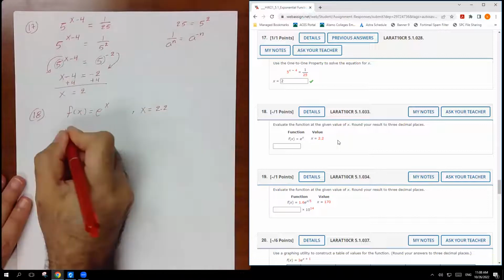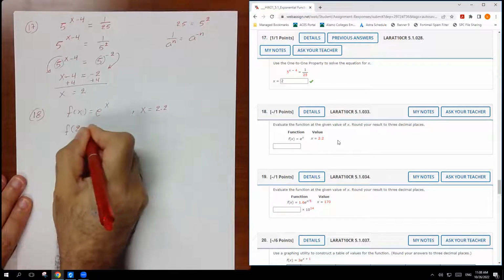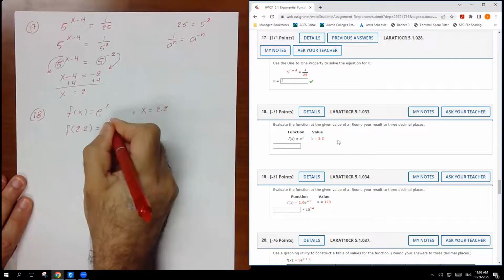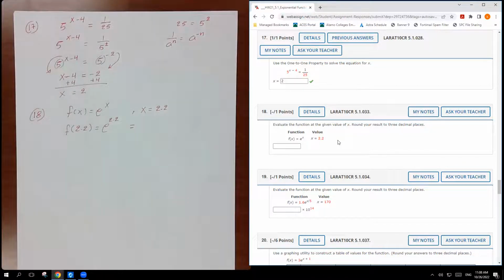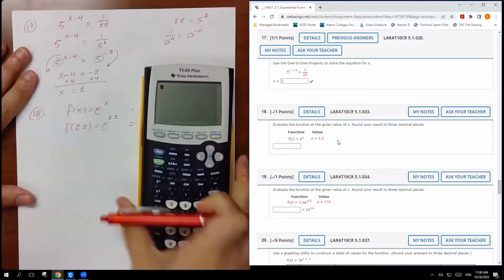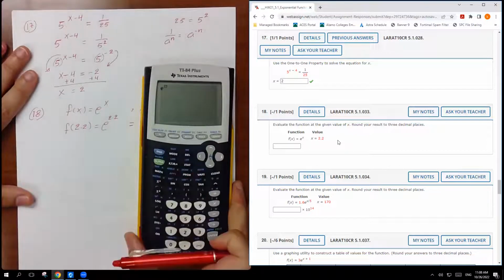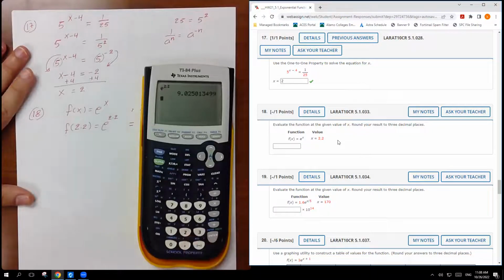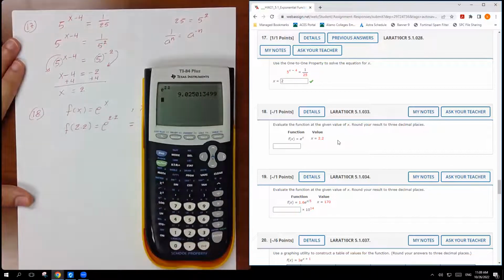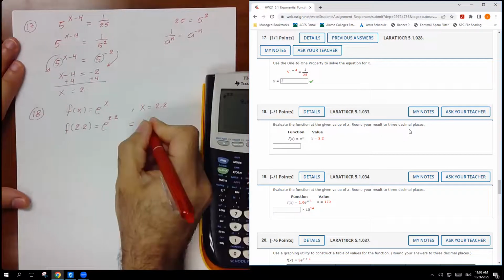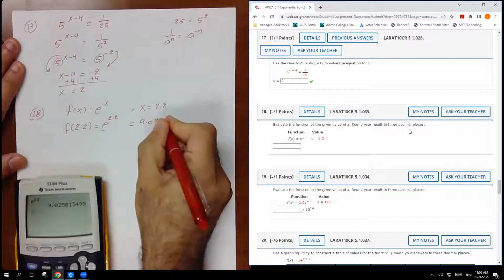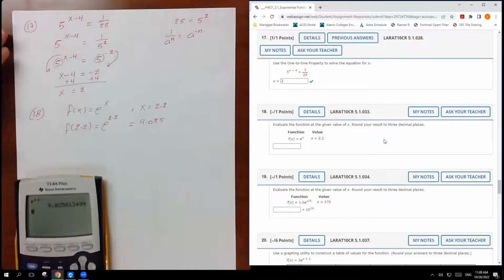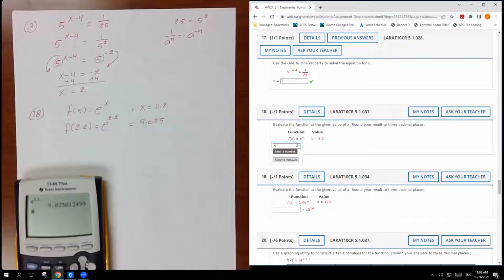That means f of 2.2 is going to be e to the exponent 2.2, which is equal to 9.0250. They ask you to round to 3 decimal places. So it's going to be 9.025. So I'm just going to type here 9.025.